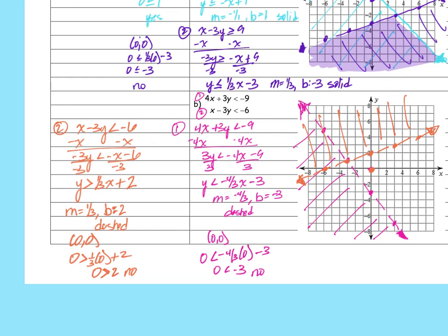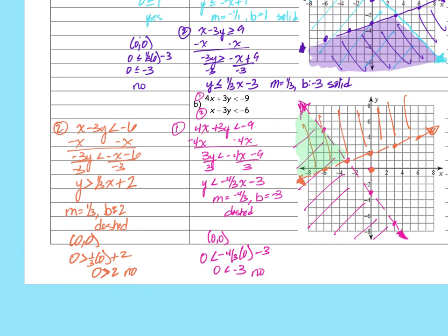Okay, so that means my answer is just a little teeny spot on my graph compared to some of the other ones, but remember the lines go on forever and ever, so it's an infinite amount of answers that are in that little area.